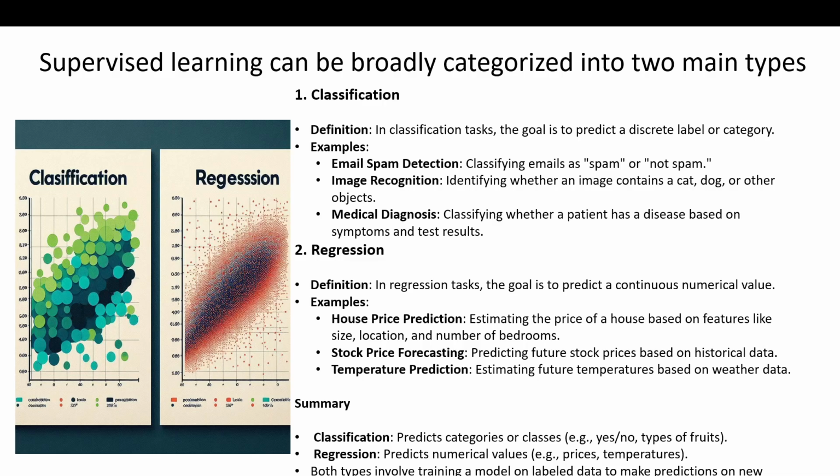To summarize, classification predicts categories or classes, that is yes, no, or type of fruits. Regression predicts numerical values, that is prices, temperatures. Both types involve training a model on labeled data to make predictions on new data.